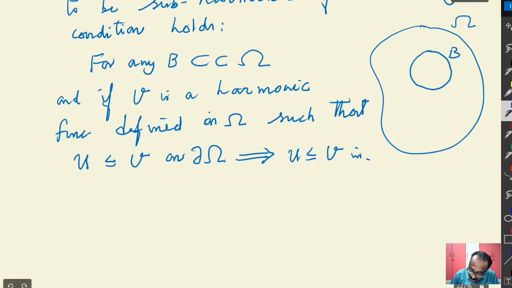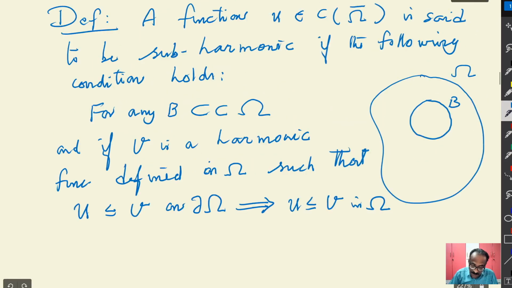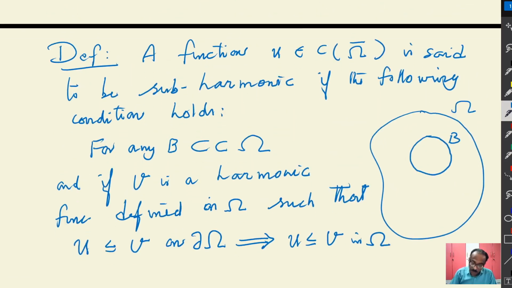If u is subharmonic in the classical way, you know this result is true, so you are demanding that result, because you don't need now the differentiability of u to define this definition.